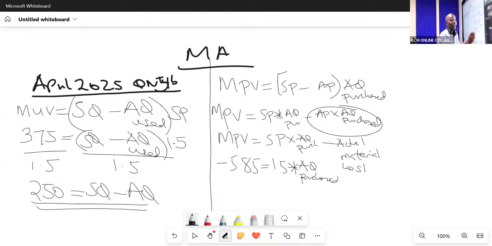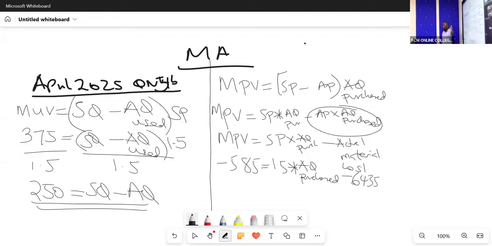But fortunately, I have the actual material cost. That is what my brother gave me here at 6435. So can somebody do some abracadabra and give me the AQ? Because now I have one unknown with one equation.